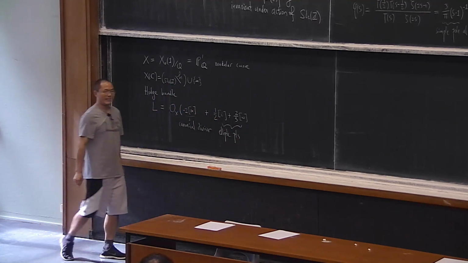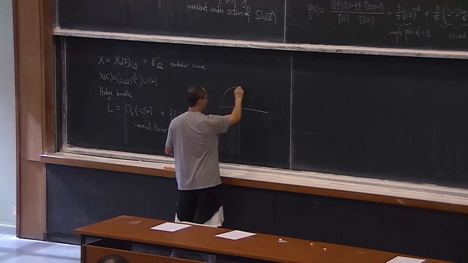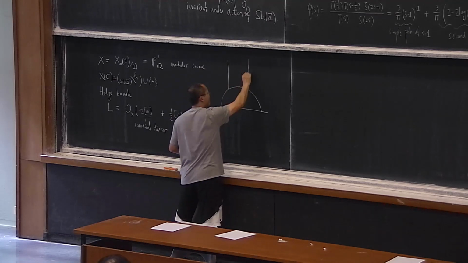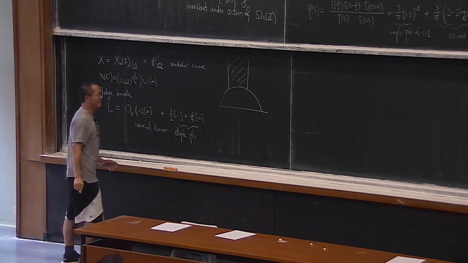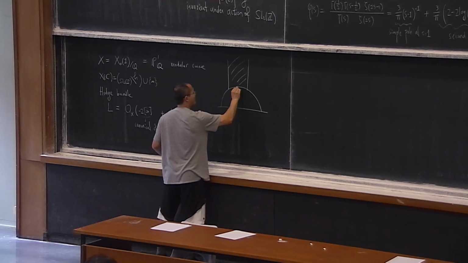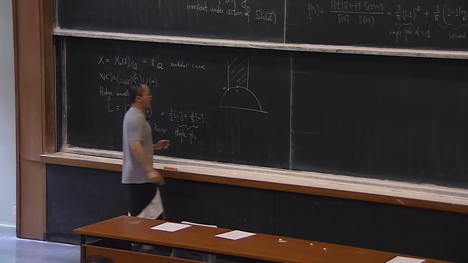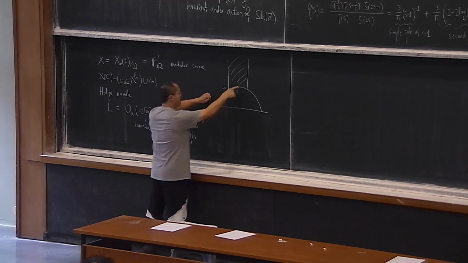So in terms of the most famous graph, suppose this is the fundamental domain, then i is this point, and then omega, the third root of unity, is this point. Now these are the only elliptic points.